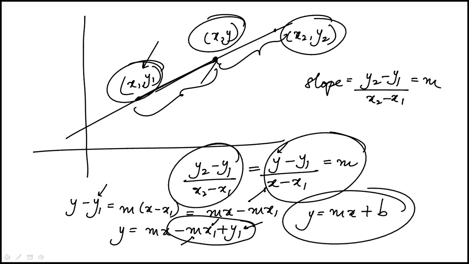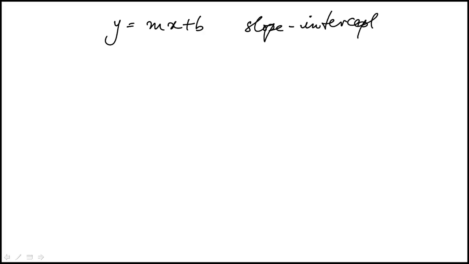So this is called the slope-intercept form of a line, and I'll explain to you where this terminology comes from.